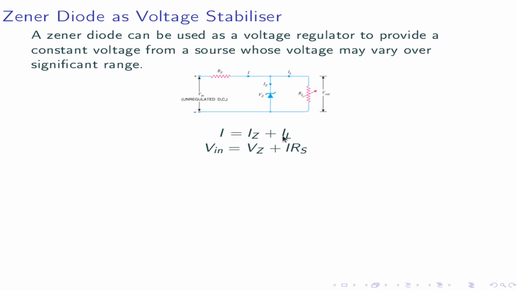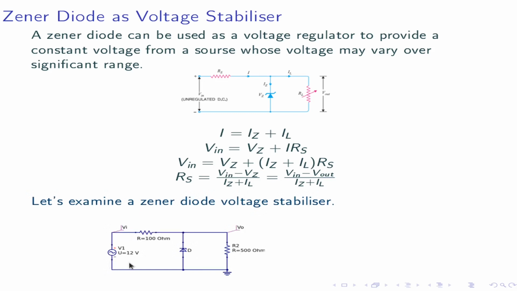But I is IZ plus IL. Therefore Vin is Vz plus (IZ plus IL) into Rs, or Rs is equal to (Vin minus Vz) by (IZ plus IL). But Vz is actually the output voltage itself. So Rs is equal to (Vin minus Vout) by (IZ plus IL). In that way you can calculate Rs.